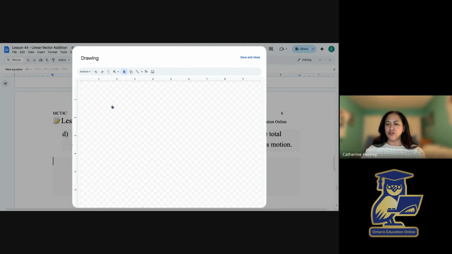And I'm going to try and draw and sketch a vector diagram. So in the starting position, a cyclist travels to the west. So I'm going to put an arrow, point the arrow here, and that first distance that was traveled was 6 kilometers.